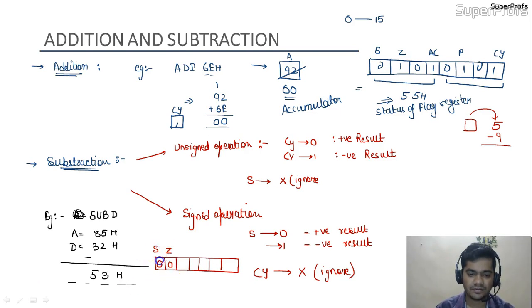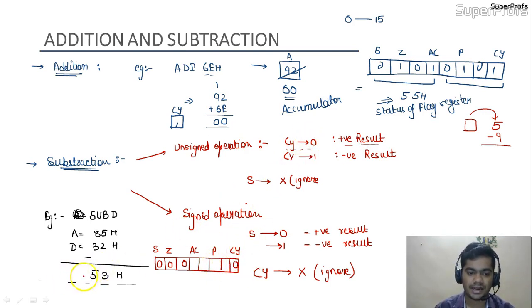Here the sign flag would be 0, then again we would get 0. Now we have to check auxiliary carry, then parity, then carry. As there is no carry or borrow generated, it would be 0, because for unsigned operation we know that for positive result carry would be 0.